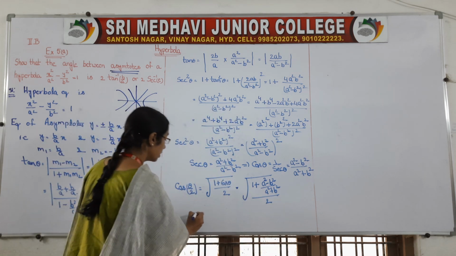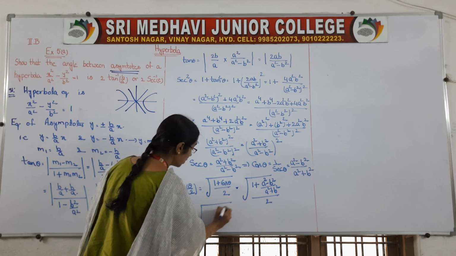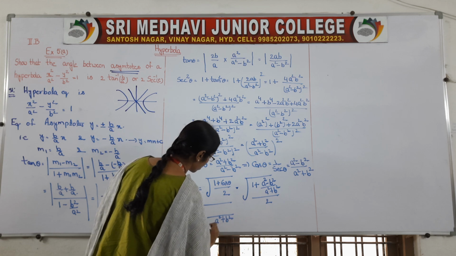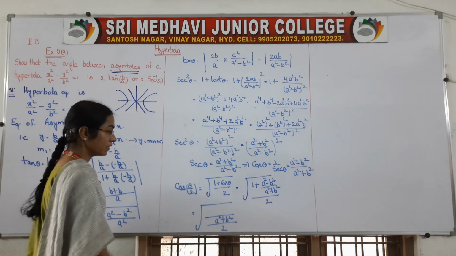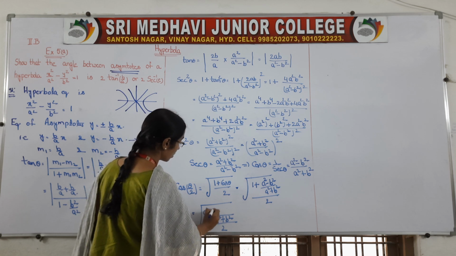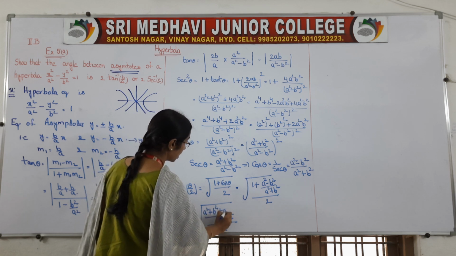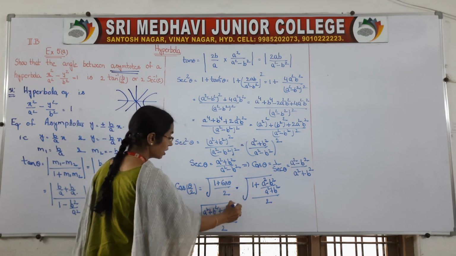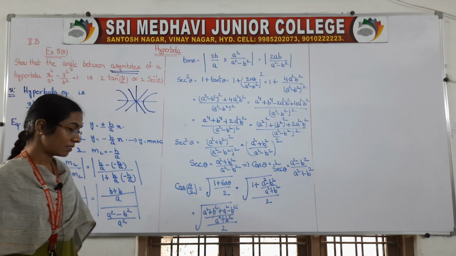So it is equal to root of (1 + (a² − b²)/(a² + b²)) by 2. Okay, taking the LCM as a² + b², here 1 into that value gives a² + b² plus a² − b², and b² minus b² cancels.